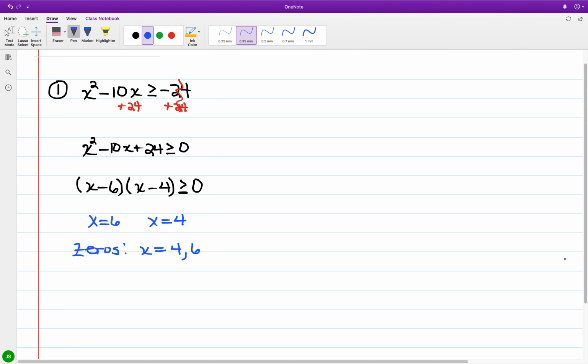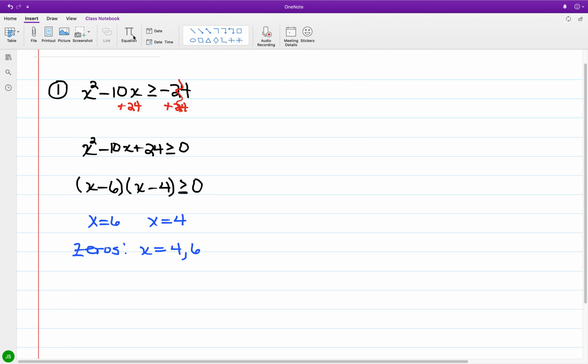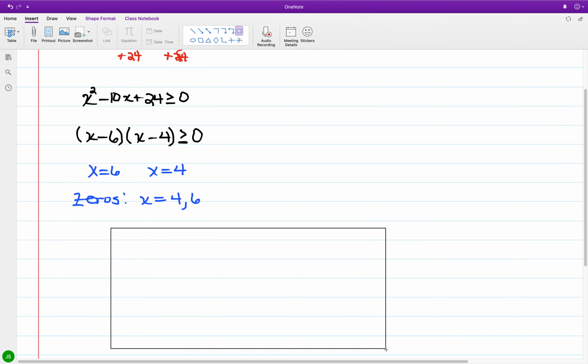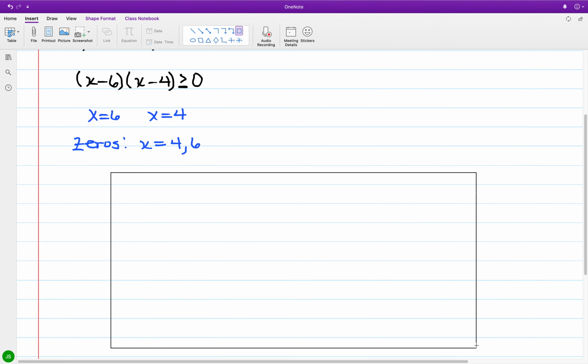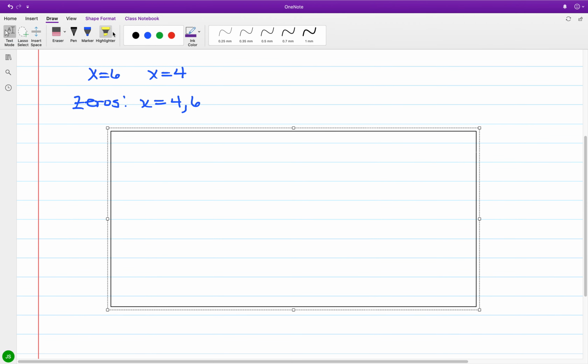Now, in terms of setting up, we establish a table, with some headings.